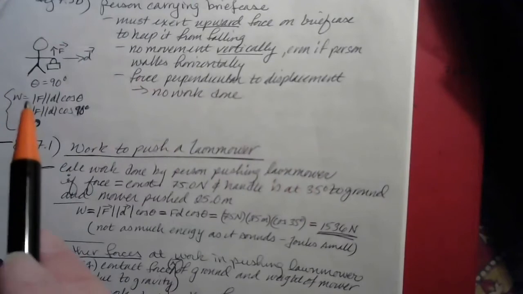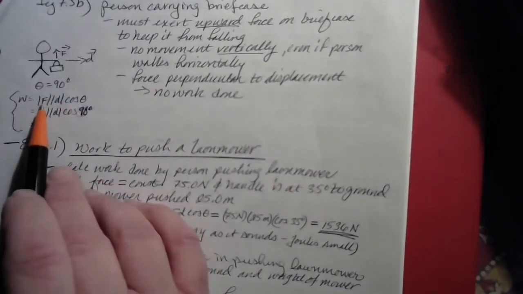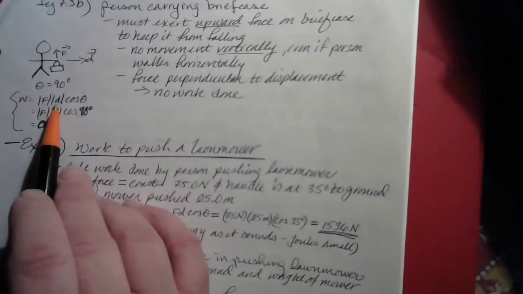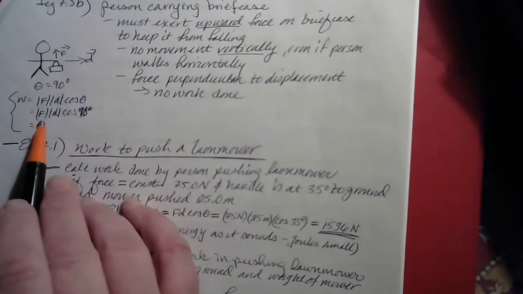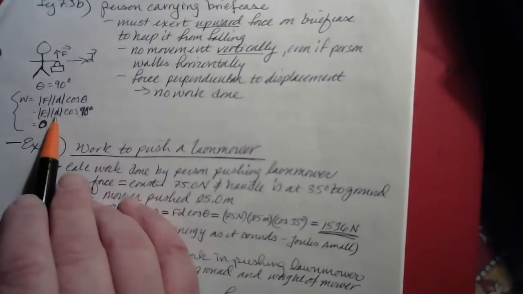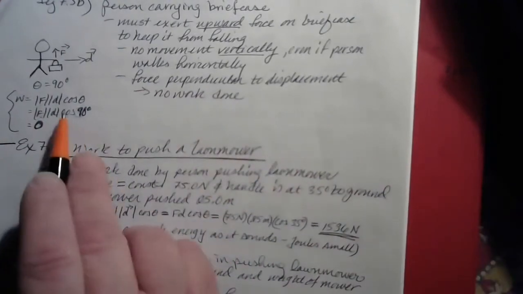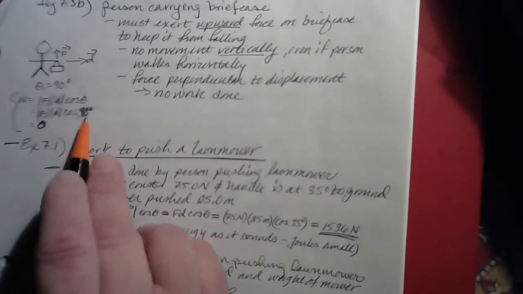And you can look at that with the equation for work equaling the magnitude of the force times the magnitude of the displacement times cosine theta. Well, it doesn't matter how much force it takes to lift the briefcase or how much displacement you carry it for, because the angle is 90 degrees and the cosine of 90 is 0.